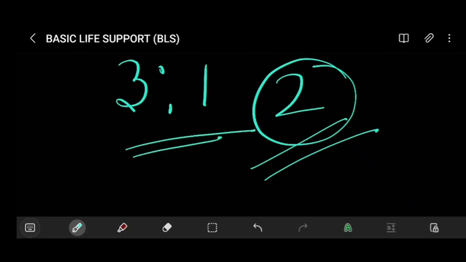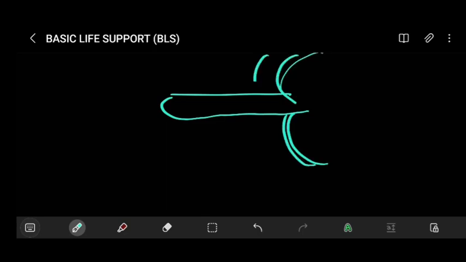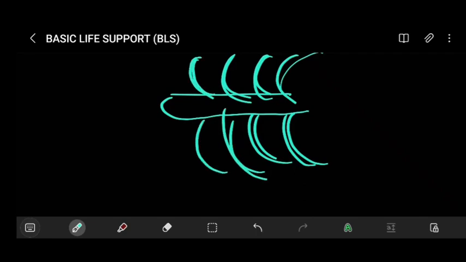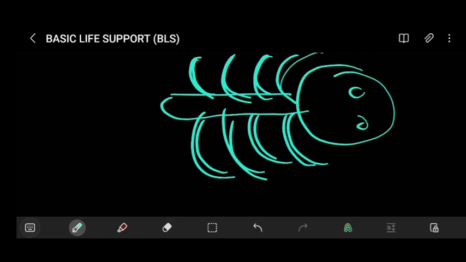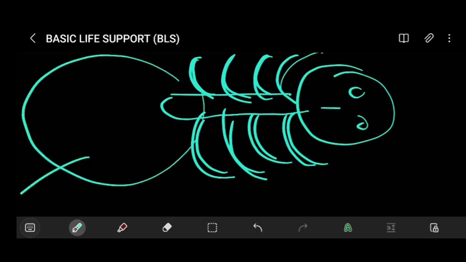Now how much you have to depress the chest and where you have to press. See, it is a symmetry diagram. I am showing a patient: this is his tummy and his leg, this is his chest region, and this is his sternum.